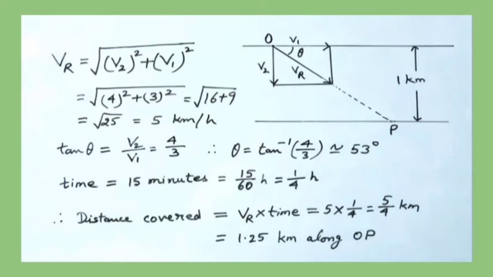Therefore, theta is equal to tan inverse 4 by 3, which is nearly equal to 53 degree. The time is 15 minutes, which is equal to 1 by 4 hour. So, distance covered is equal to velocity into time, and that is equal to 5 into 1 by 4 equal to 5 by 4 kilometer. The total distance covered is therefore 1.25 kilometer along OP.